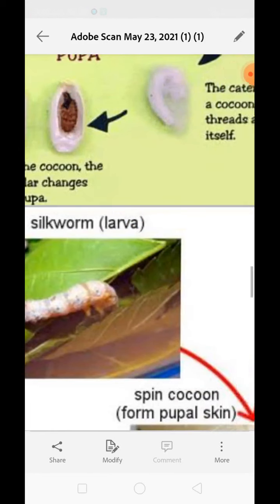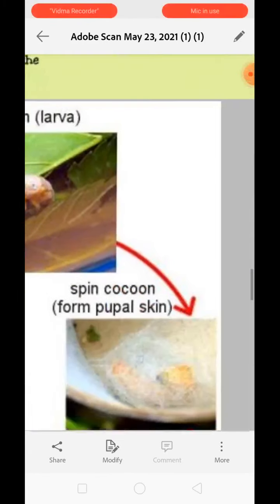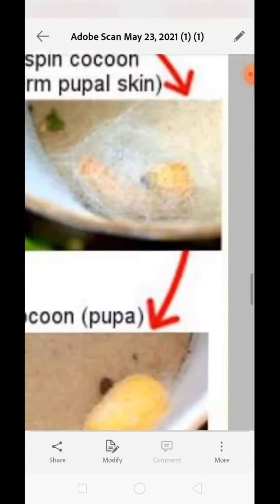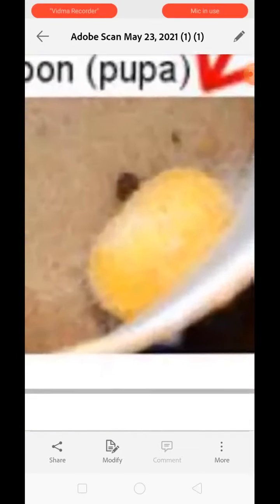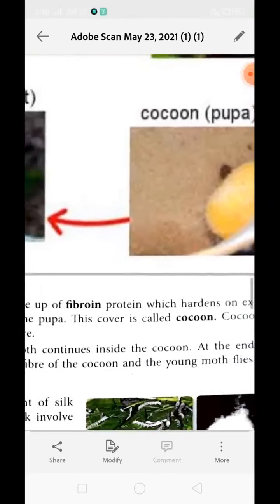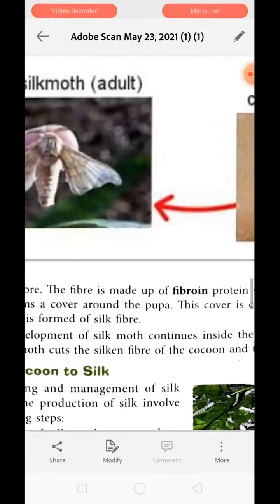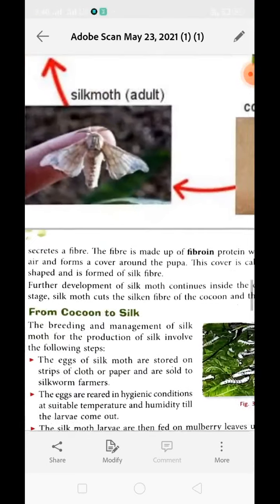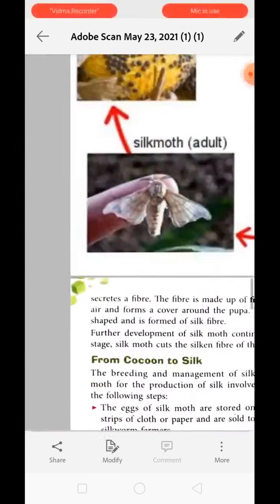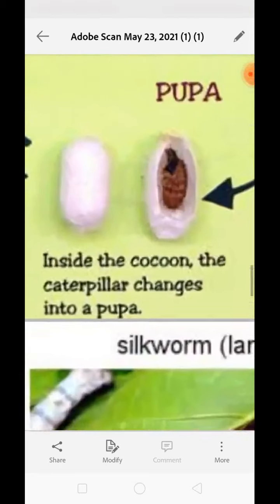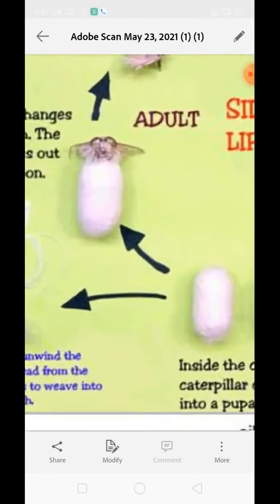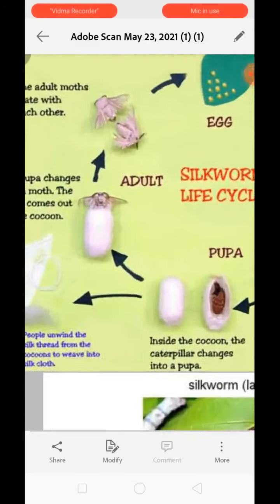Then it starts depositing fiber around it in the pupa stage and turns into a cocoon like this. If the pupa inside the cocoon grows up, then it will be like this. It will come out from the cocoon. You can see over here, this is the cocoon, and this is the adult which is coming out.